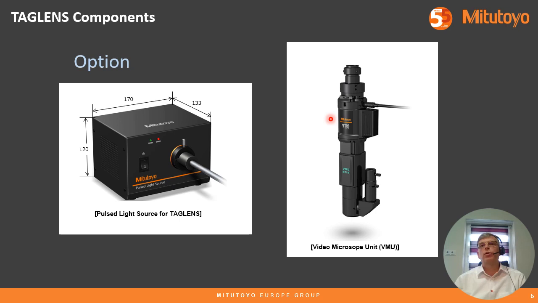This video microscope unit is easy to use, integrating the TAGLENS in an entire setup where you just have to combine an objective lens, an illumination, and a camera and get a very easy, ready-to-run video microscope unit with different magnifications with the features of TAGLENS.